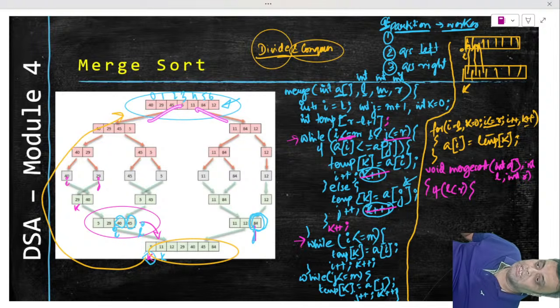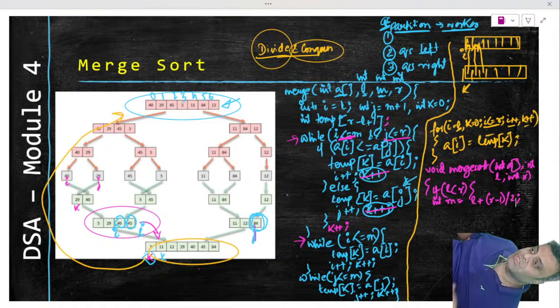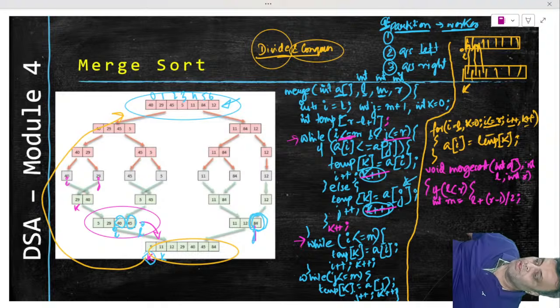That partitioning will be done through this particular code, where we will say that my midpoint is going to be, let us say, L plus R minus L by 2. Now I will put a question on the chat window. Why did I do this?